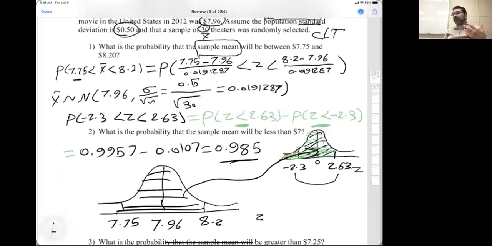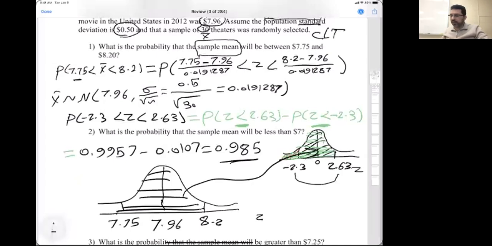Of course, the problem is talking about a random variable x or x bar, and then we convert x or x bar to z, because the distribution of z is the same as the original distribution for our variable x or x bar. So whatever area you find from z is the same area from the original distribution.